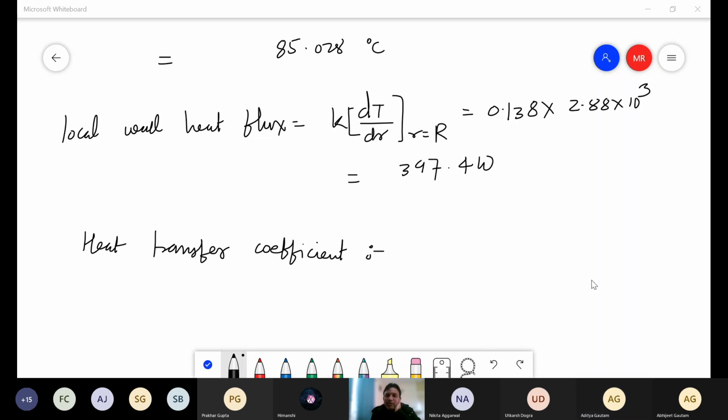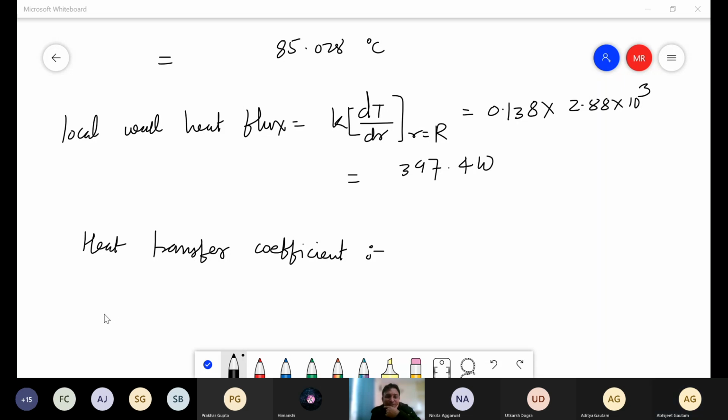Which delta T are you going to take? From center to the wall. Center to wall? Why center to wall? The heat transfer coefficient inside the oil we have to find out, right? So why the center to wall and why not bulk temperature to wall temperature? Sir, we'll take bulk temperature only. Bulk temperature we will take, or a center temperature?